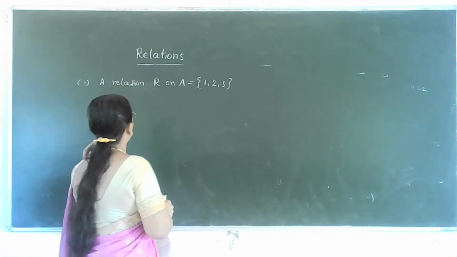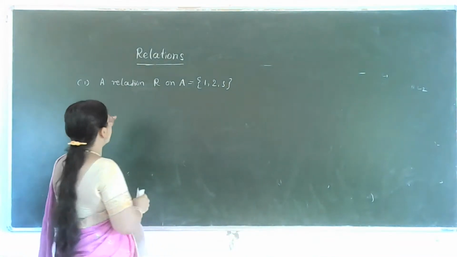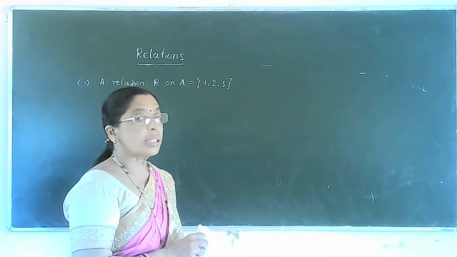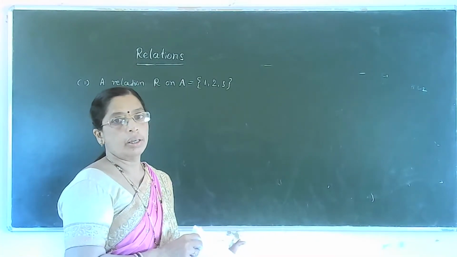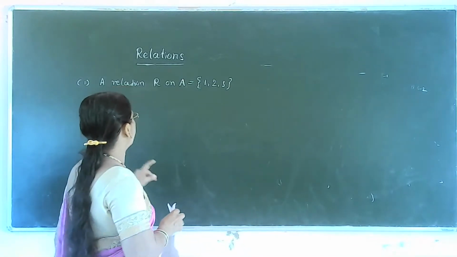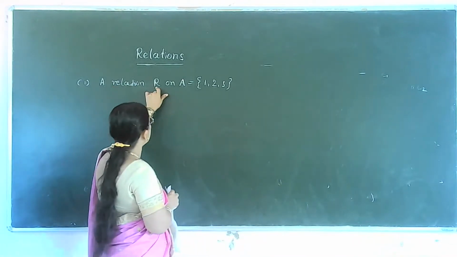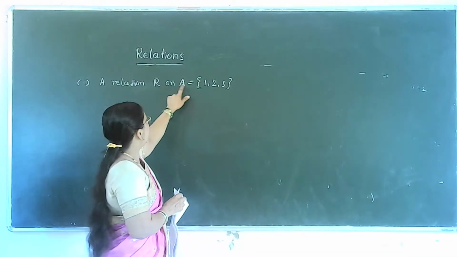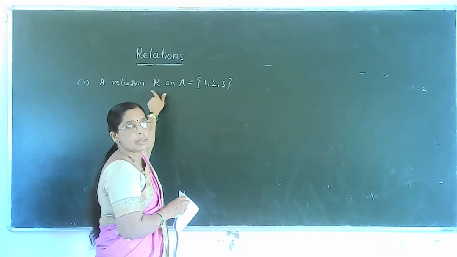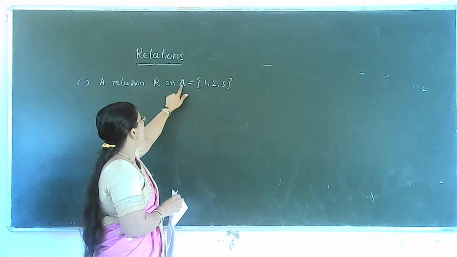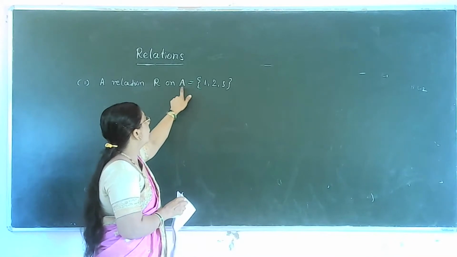Every time you write the relation R, you should write the set. Here R is a relation on set A, meaning R is a subset of A cross A. Therefore, we have to write the set.